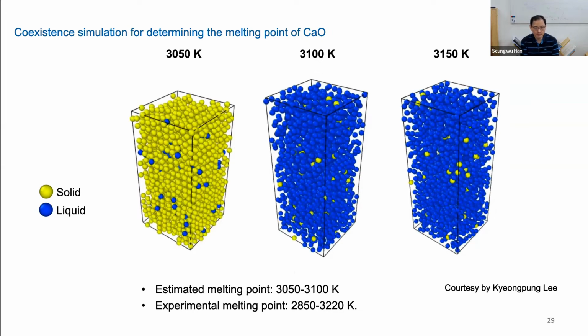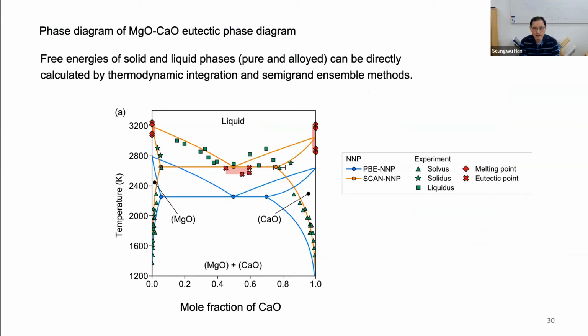Okay. So this is what we can do with the classical potential. But more directly, we can also obtain the free energy directly from the simulation using some sophisticated methods called thermodynamic integration and the semi-grand ensemble method. This is what we obtained from the potential, the MgO and calcium oxide eutectic phase diagram.